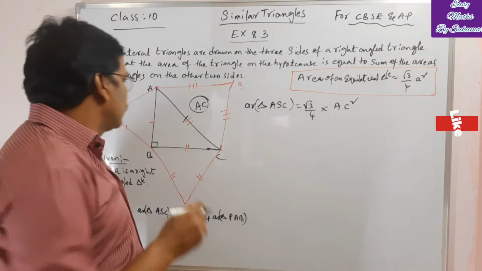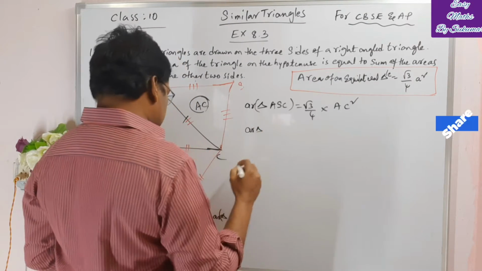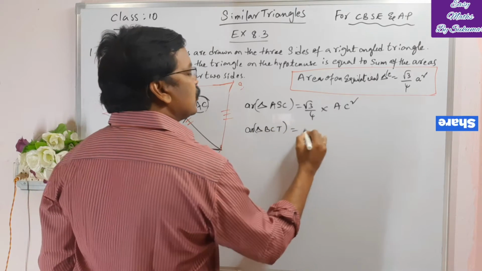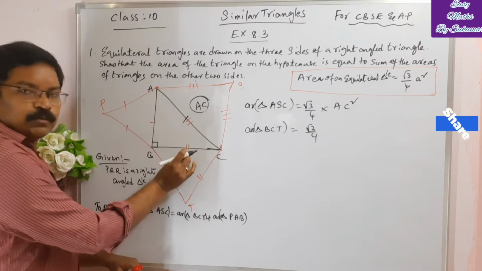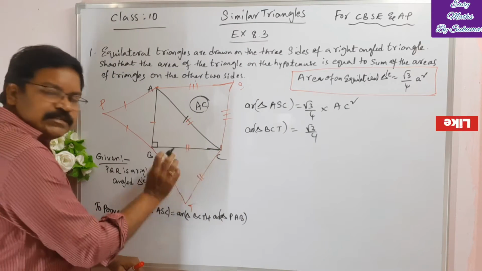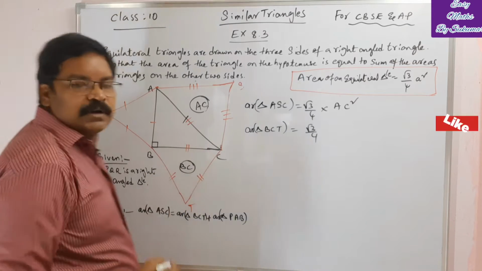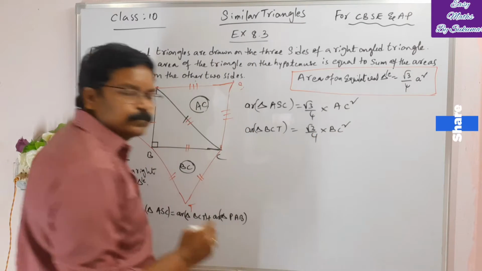Coming to area of triangle BCT, this is also an equilateral triangle. This is root 3 by 4 into, here all the three sides are equal. I have taken each side equal to BC. That means root 3 by 4 into BC square.